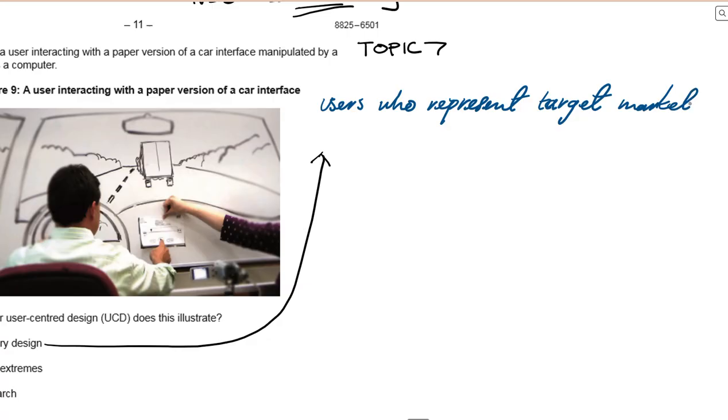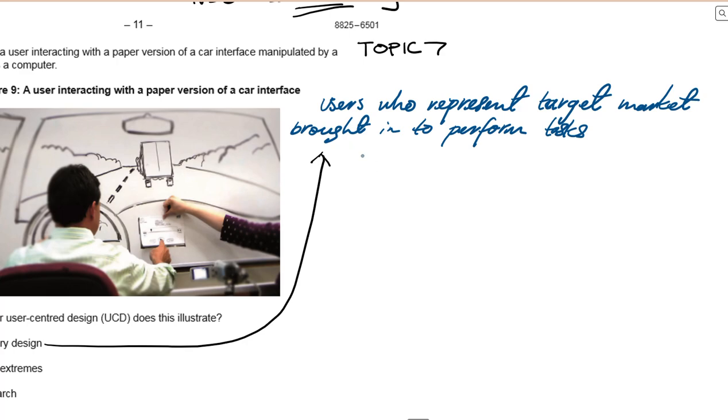Represent target market, or sort of brought in to perform a task with this paper version of the product, right? Perform tasks, and that is by interacting.